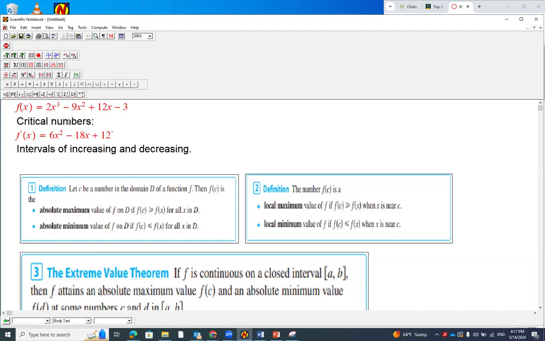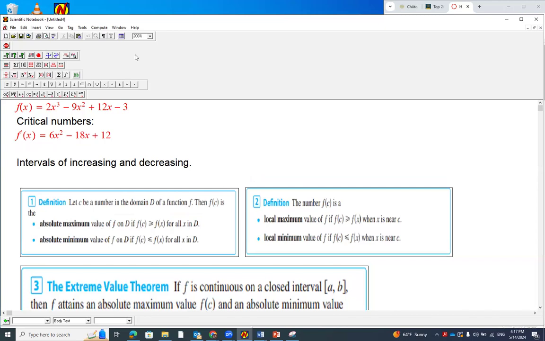We double check: 6x squared minus 18x plus 12. We absolutely need a factored form, because we need to find critical numbers. The next step is to set the derivative equal to 0. You can do the factored form later or now, so we're going to factor out the 6.